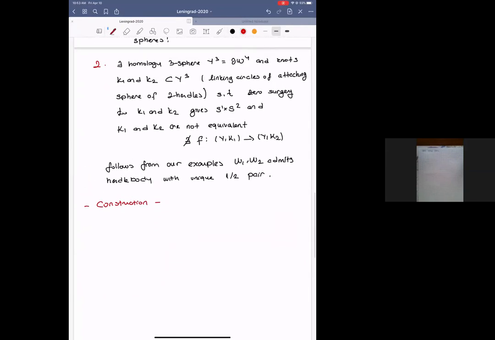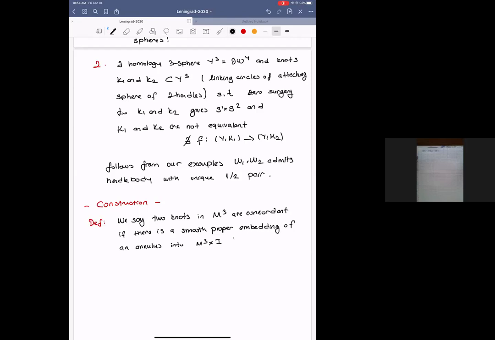For me, it's fine. So definition: we say two knots in a 3-manifold are concordant if there is a smooth, actually it has to be a proper embedding of an annulus into the manifold cross I bounded by the knots.